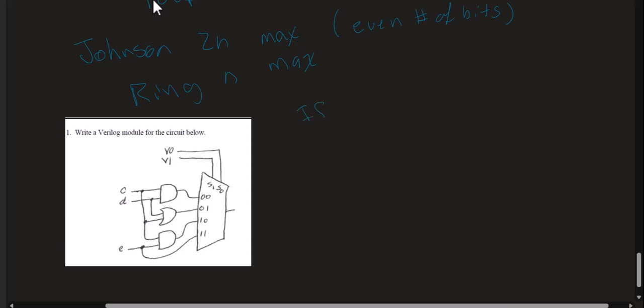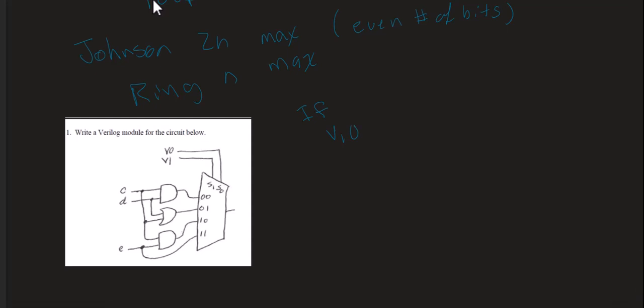It gives you a certain output. It gives you different options. So in this instance, if V1, V0 is 0, 0, then our output would be C and D. So it's just conditional.